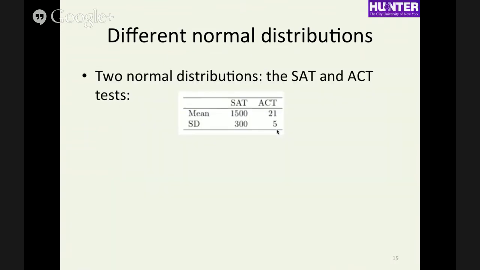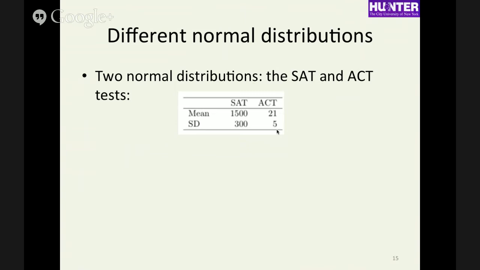So here's an example, a couple different standardized tests. These are popular examples because they tend to be designed so that they will have a normal distribution with known mean and standard deviation. So the SATs, this I guess would be the sum of the three. Apparently the mean is 1500 and the standard deviation 300. And this ACT, mean of 21 and standard deviation of 5.